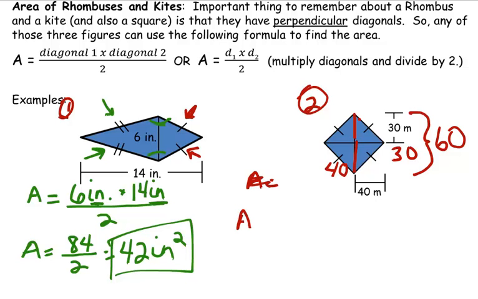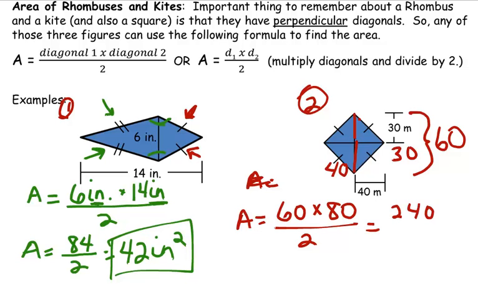And so my area is 60 meters times 80 meters and divide by 2. Okay, so 60 times 80 is 4,800.